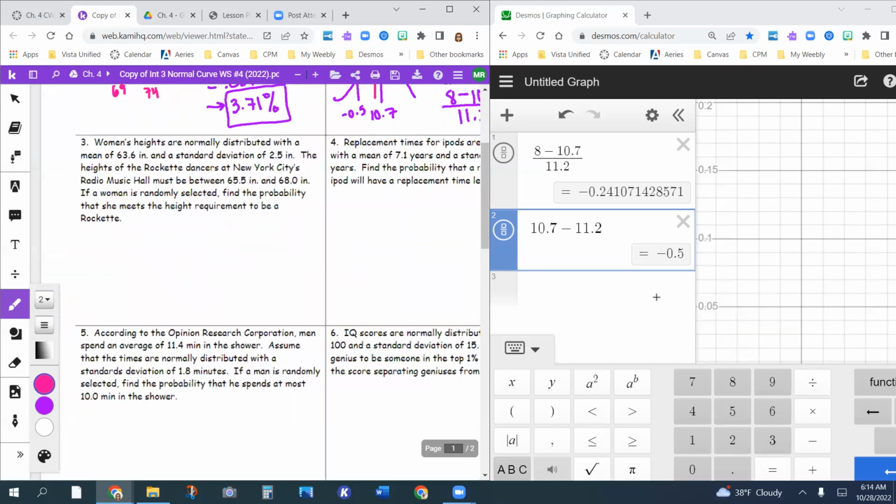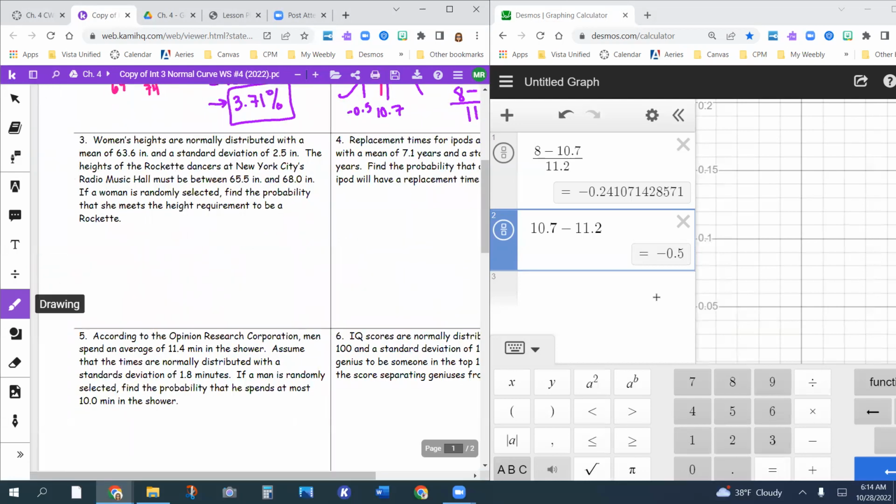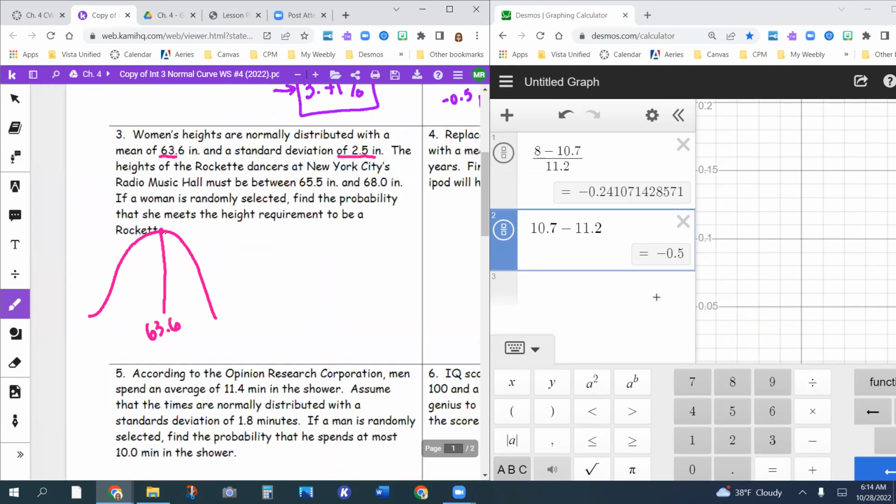On number 3, women's heights are normally distributed with a mean of 63.6 and a standard deviation of 2.5.